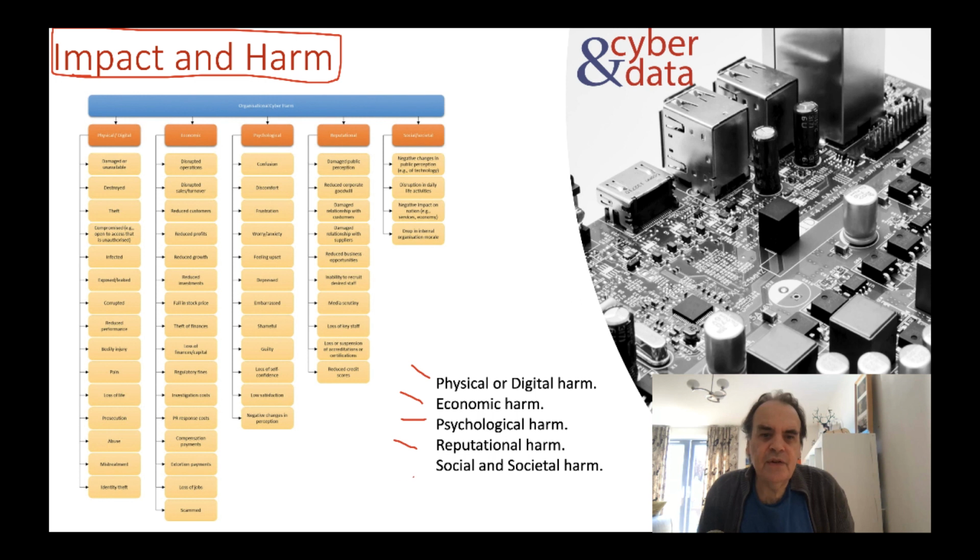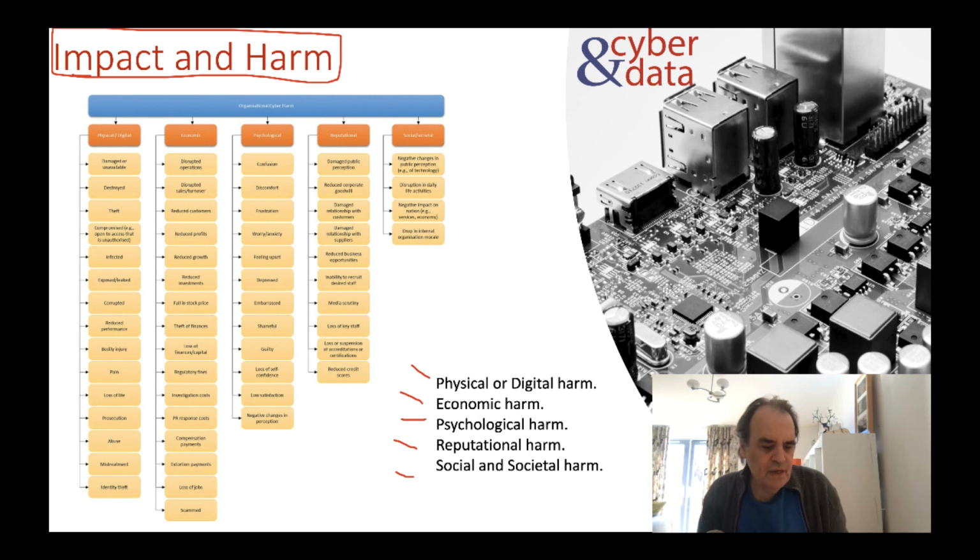So this taxonomy here defines that there are 5 basic harms that can be classified within a cybersecurity incident: physical or digital harm, economic harm, psychological harm, reputational harm, and social and societal harm.